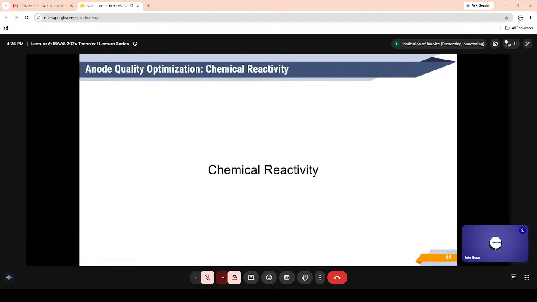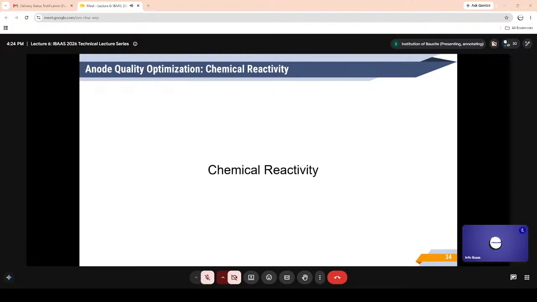Anode chemical reactivity affects carbon consumption during aluminum production. The theoretical carbon consumption is 334 kilograms of carbon per ton of aluminum, but actual industrial consumption is typically 400 to 440 kilograms of carbon per ton of aluminium.